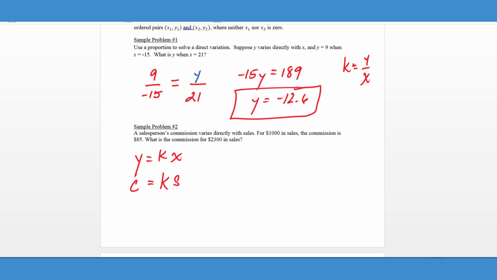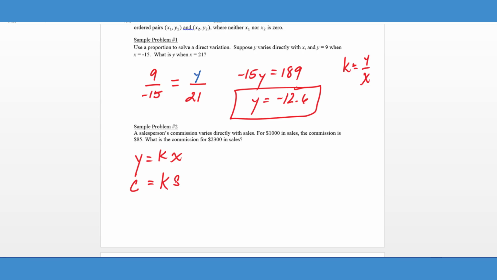So let's take a look. It says for $1,000 in sales, the commission is $85. Well, what we can do here is either set it up in proportion format, or if you like, you can find the scale factor, the value for K. So you can either do it like sample problem number 1, and that's perfectly fine. Or I'm going to show you another way to back into this.